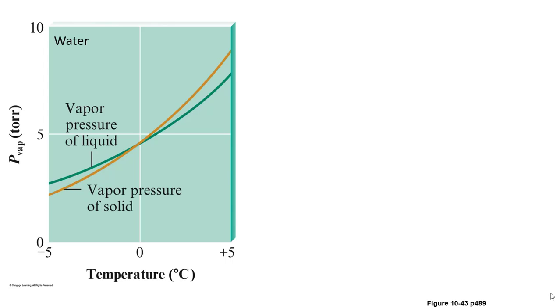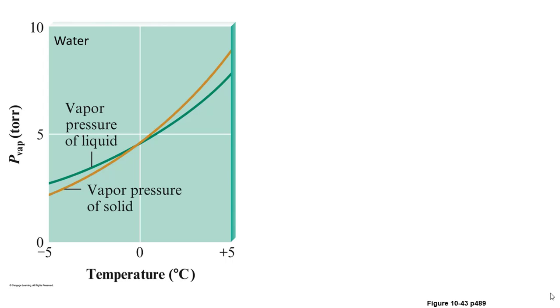Then at temperatures above, notice how the two lines invert. And now the vapor pressure of the solid is higher than the vapor pressure of the liquid. And so now at temperatures greater than zero, it's going to be more energy favorable to exist as a liquid.